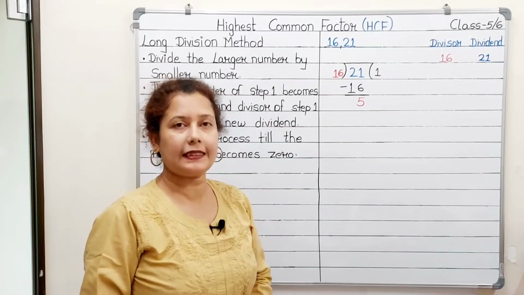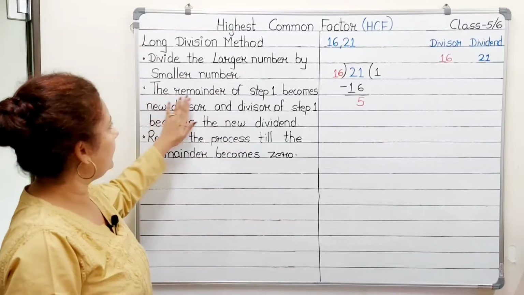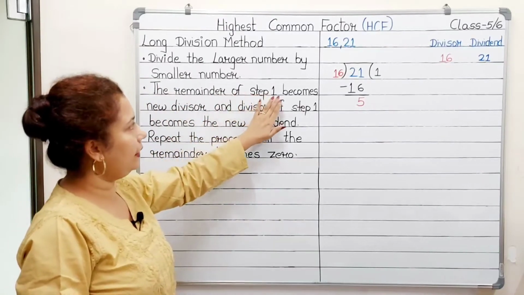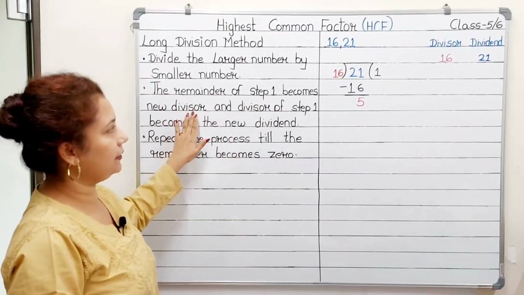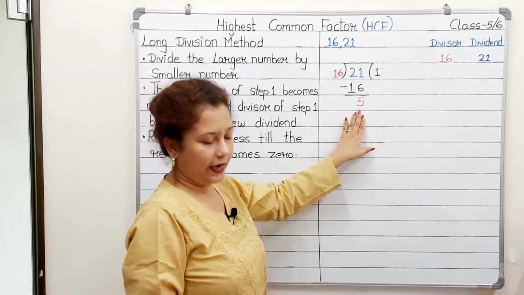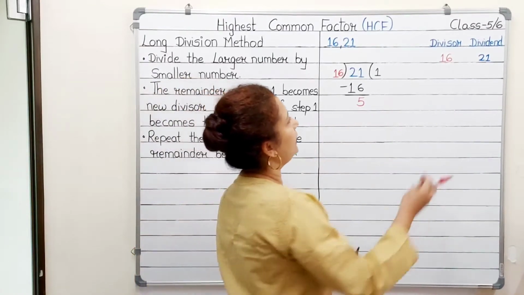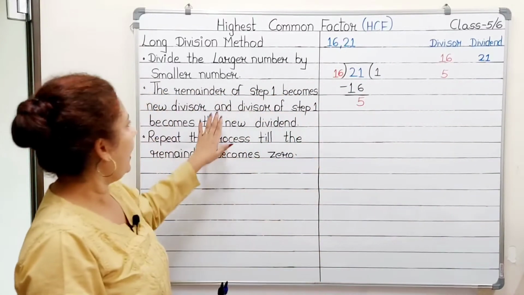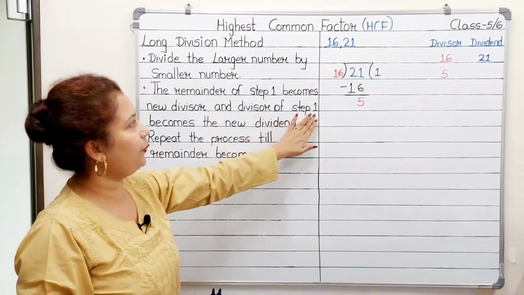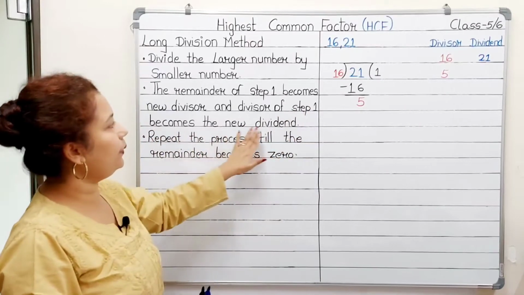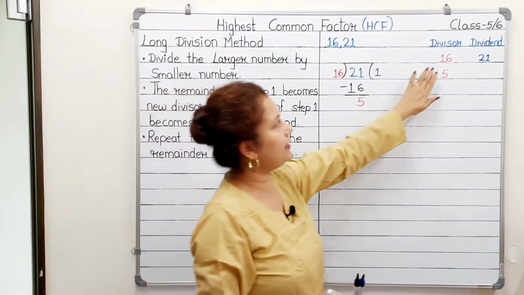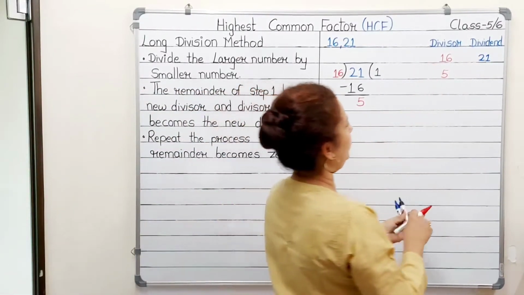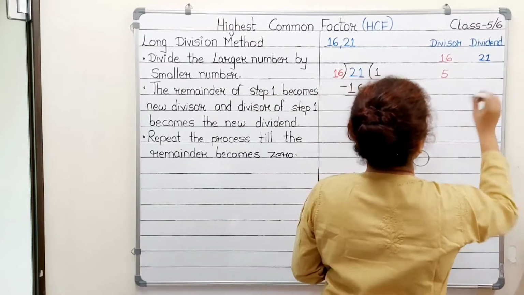Now we will move to the second step. The remainder of step 1 becomes the new divisor. So here the remainder is 5. So this will become the divisor in second step, and divisor of step 1 becomes the new dividend. So here the divisor is 16, so that will become the new dividend.